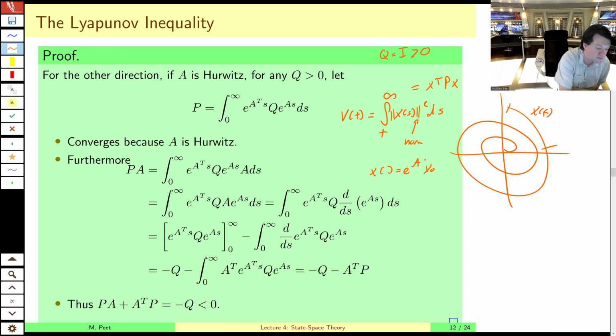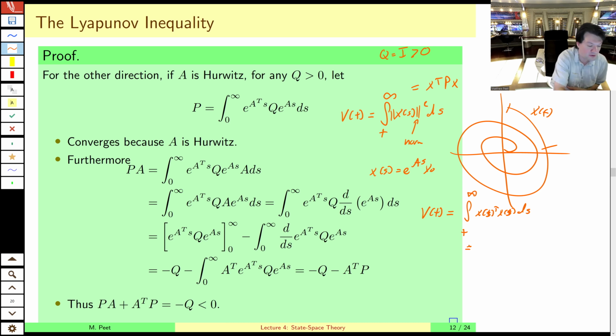And then our v of t is the integral from t to infinity of x of s transpose x of s ds.